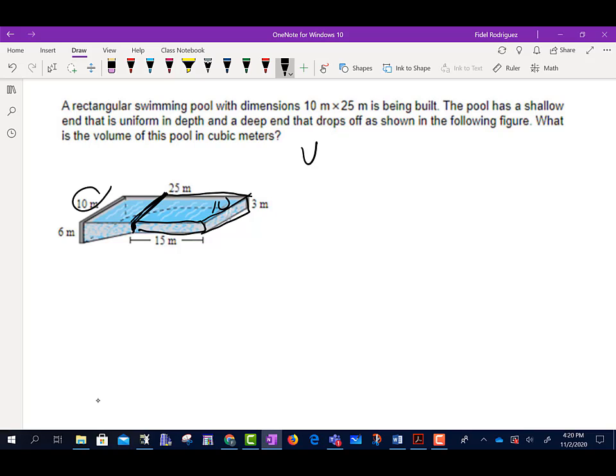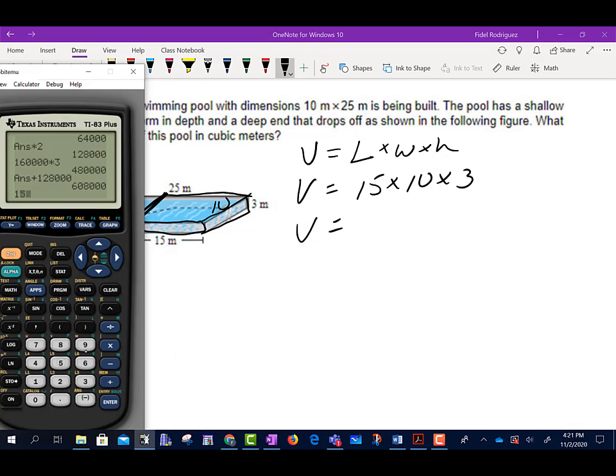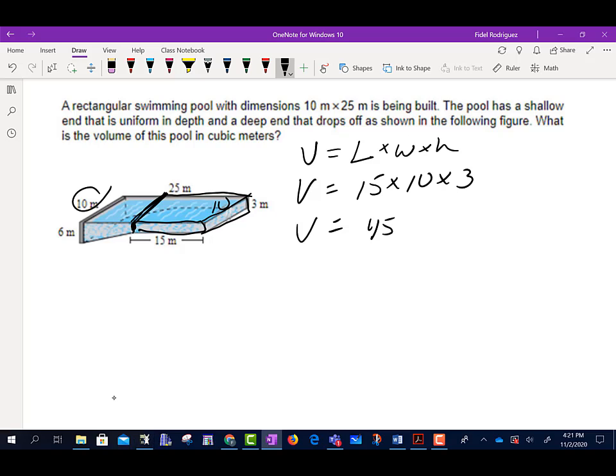So the volume of that rectangular prism, remember the formula is length times width times height. So it's going to be 15 by 10 by 3. And I'm going to take my calculator, 15 times 10 times 3, and that's giving me something like 450 meters cubed.